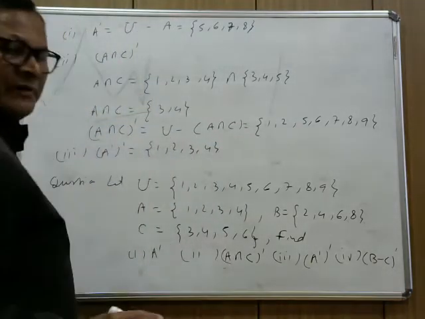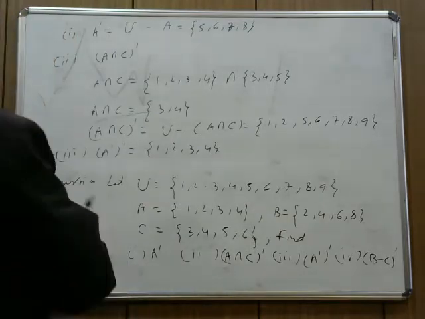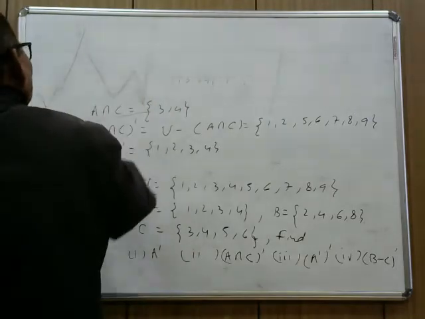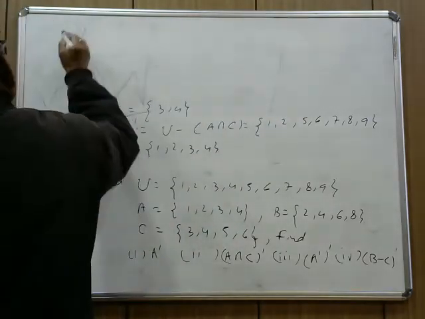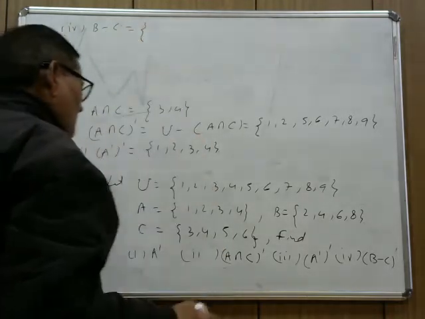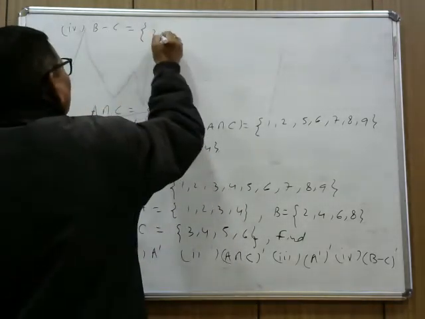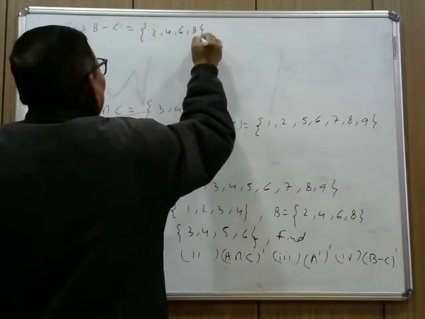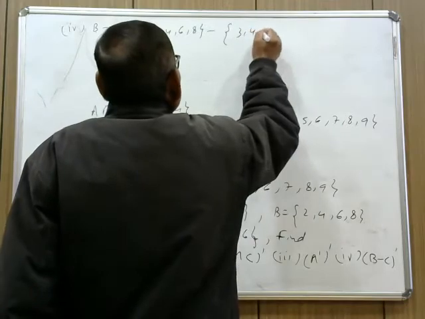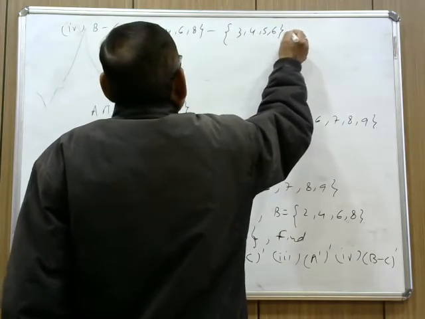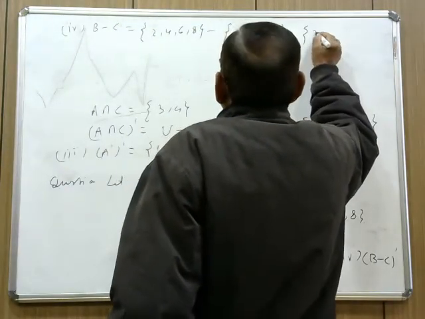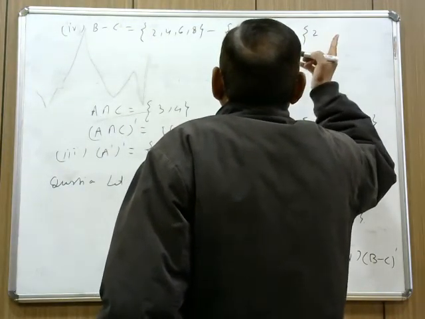In the fourth part, first you find B minus C. Your B minus C is equal to set B, 2, 4, 6, 8, minus C, 3, 4, 5, 6, that is equal to 2, 8.